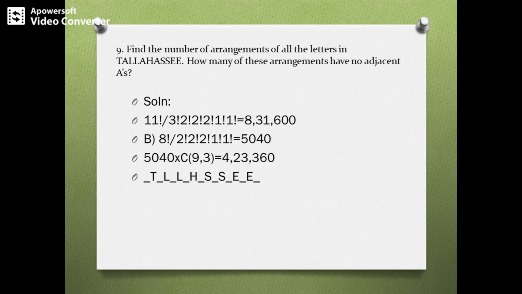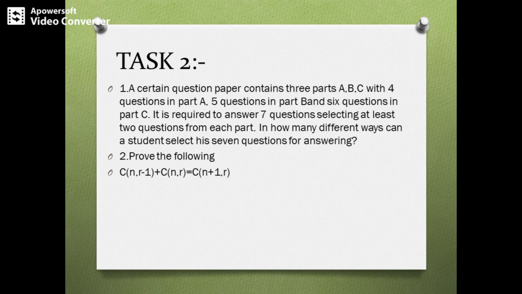This refers to choosing 3 locations among 9, which can be done in C of 9, 3 ways. So totally the arrangements having no adjacent A's are 5040 into C of 9, 3, which is nothing but 4,23,360.